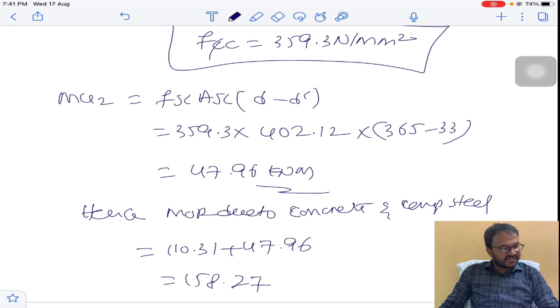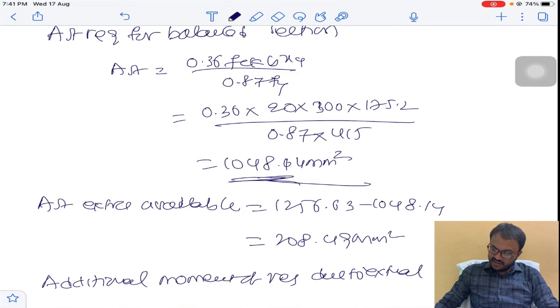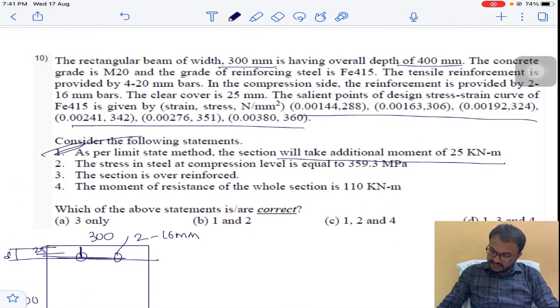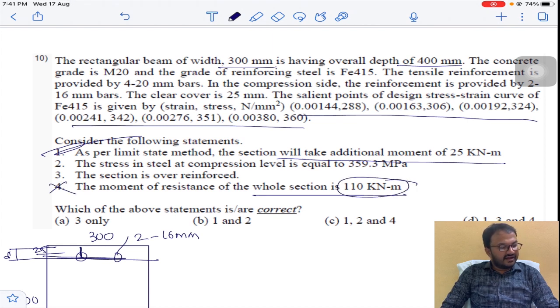Clear? So in this we will get, as here moment of resistance of the whole section is 158.27. He has given 110, this is wrong, and it is governed by steel first. When it is governed by steel first, it is under reinforced section, so this is also wrong. Clear? So options 3 and 4 are wrong.